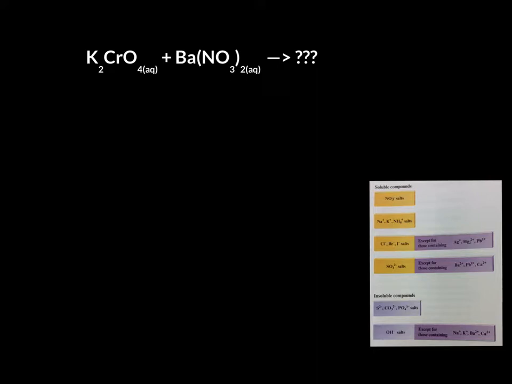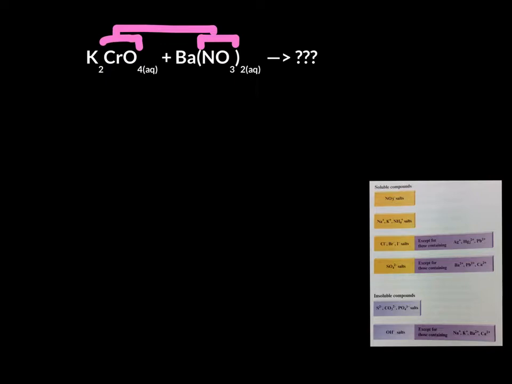Now, when we learned double replacement reactions, we learned that the two anions are going to switch. And we also learned that we have to rebalance our ions in order to form neutral compounds as products. So let's take a look at this.